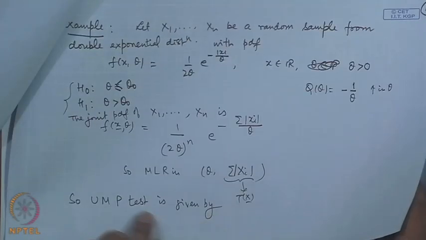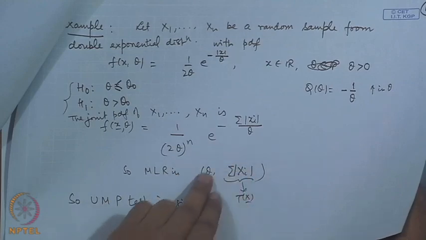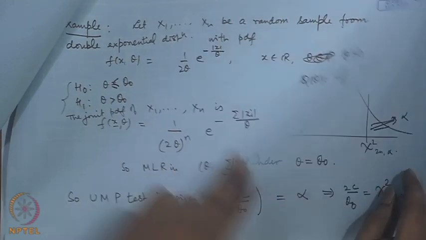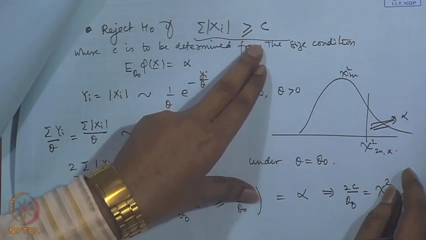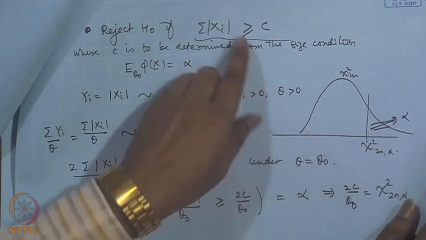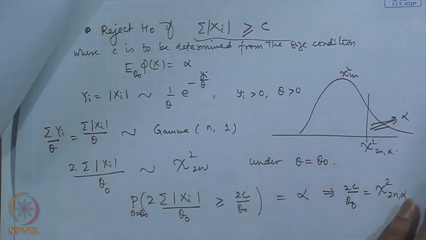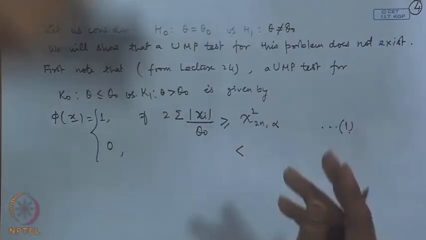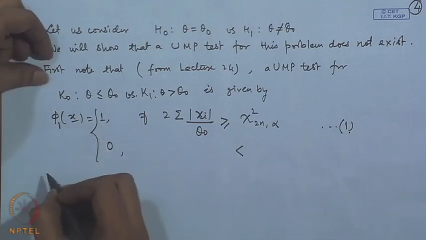The reason is that we are having the monotone likelihood ratio in theta and sigma modulus of x I. So, the rejection region will become less than or equal to here, and when we proceed in this fashion, the constant will become chi square 2 n 1 minus alpha. Therefore, we can write that form here. Let me call this say phi 1.